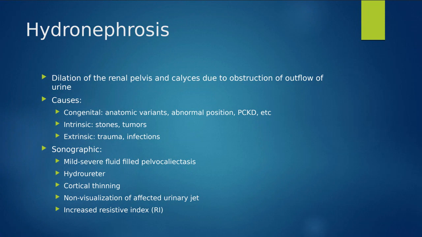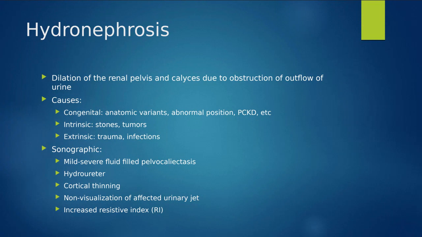When we Doppler the kidney, meaning we put color on, we Doppler one of those arteries in the cortex, whether it be the arcuate or the interlobular artery, we get an arterial waveform.